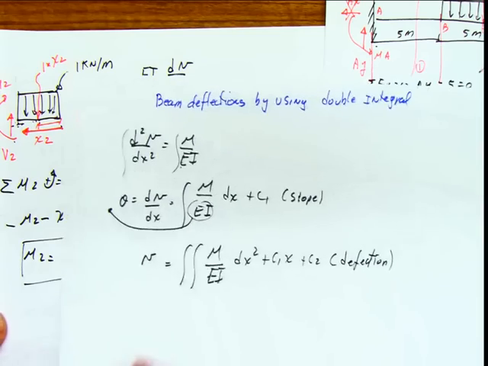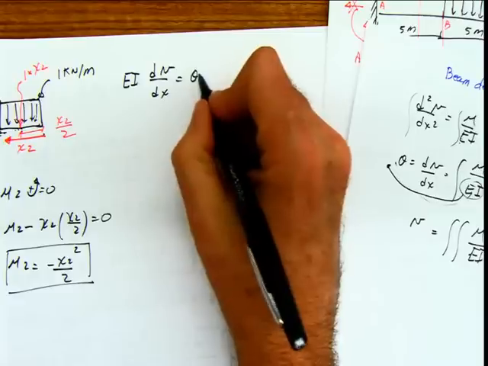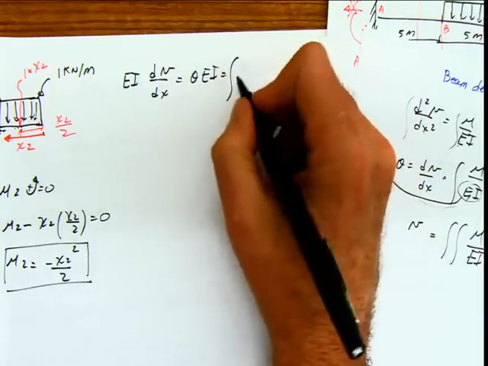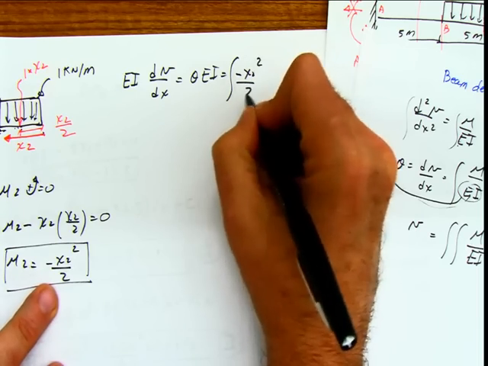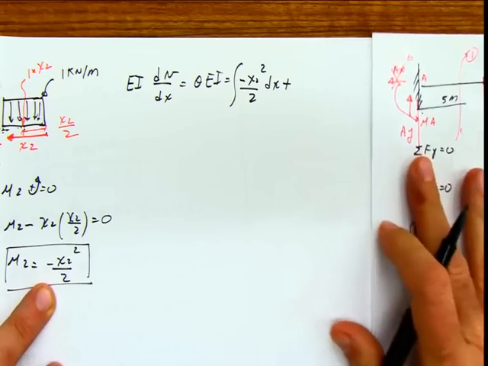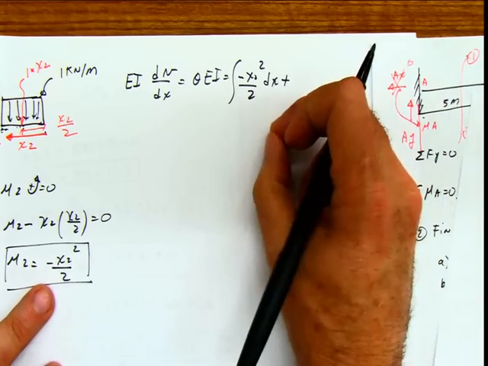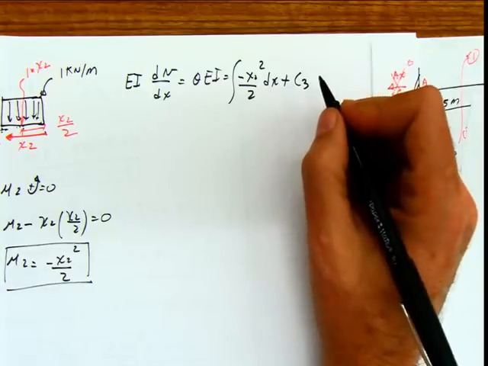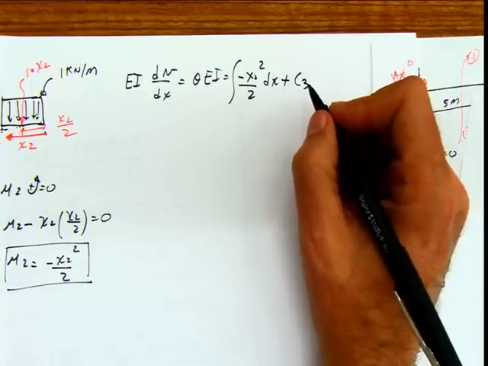Remember, I'm passing this EI to this side, which is going to be no other thing than my slope multiplied by EI, and that's going to be the integral of this dx plus one constant of integration. Remember, before we had C1 and C2, so I'm going to call this constant now C3.